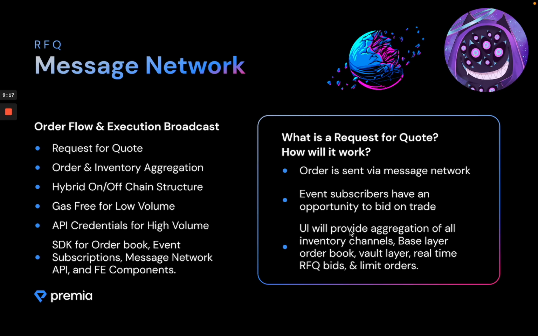So let's say that I am constantly looking to buy a certain strike and expiration, and I'm willing to pay this much money. Every time someone comes in looking to sell that, you will get a notification that someone's trying to sell that. So you can then place a bid if you don't already have one resting, and that's where we get to the RFQ components, right? And as well as those other things in the SDK, we'll have some front end components.